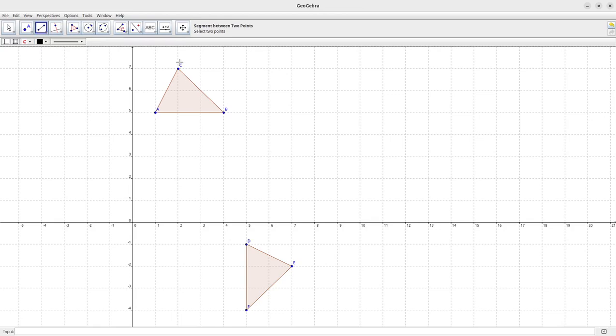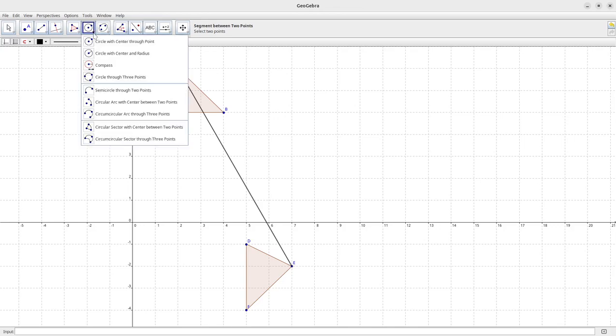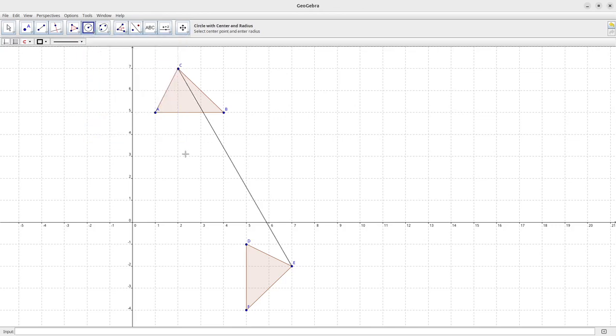For example, this point here corresponds to that. And then draw a perpendicular bisector on that. To draw a perpendicular bisector, just draw a circle passing through each point with the same radius.